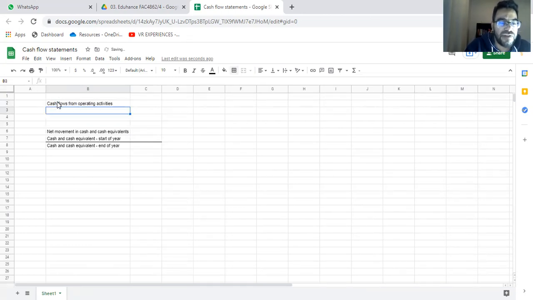It is cash flows from operating activities, cash flows from investing activities, and then cash flows from financing activities.